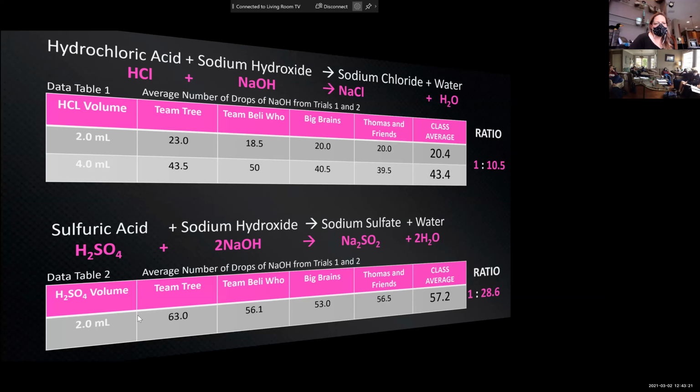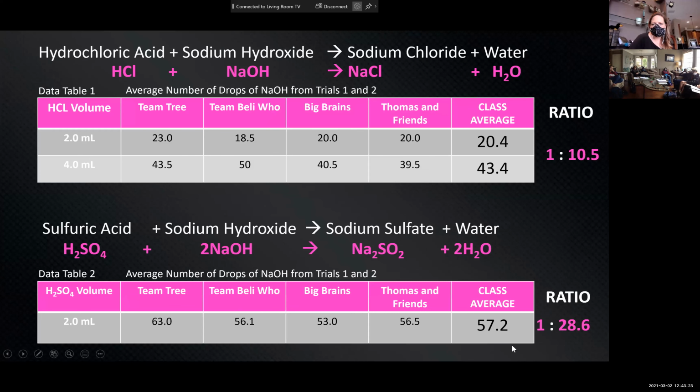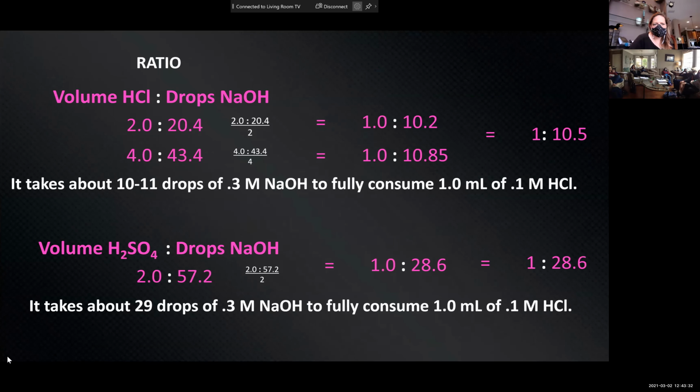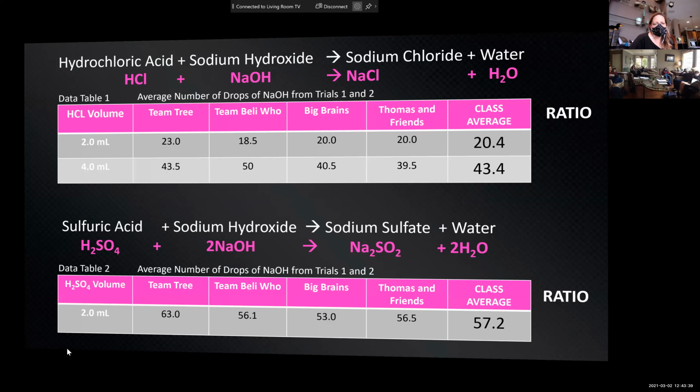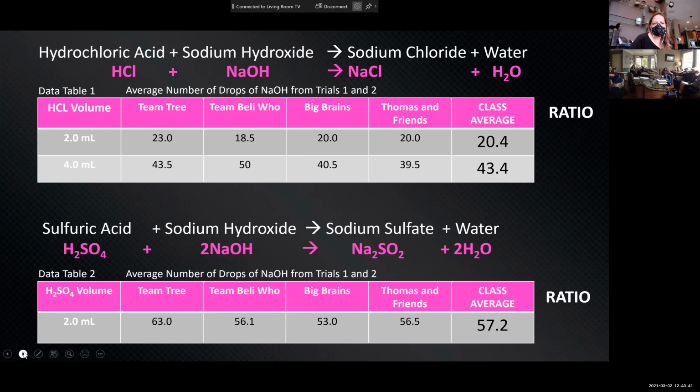No, that was sulfuric. But you said it was hydrochloric acid. Back one more. Oh yeah, look, that's a typo. You're right. That's a typo.